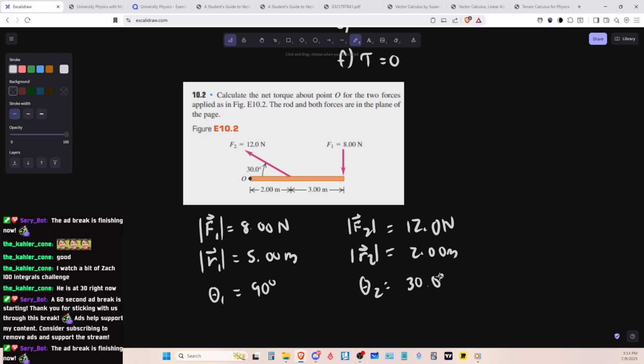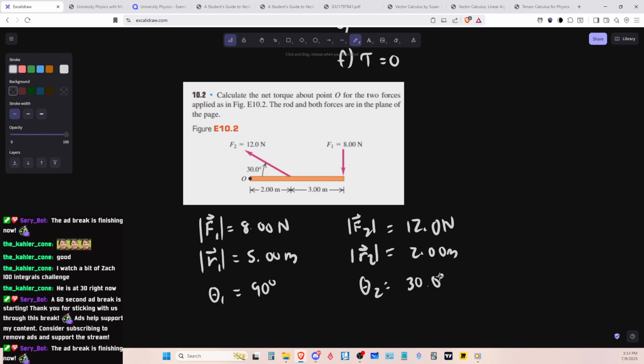Alright, now I think this is where it's going to get a little bit interesting, because now we have a more complicated problem. Now the thing is that I don't know if this new point where the force F2 is popping out, the tail end of this vector, is supposed to be the origin point of the torque of F1.